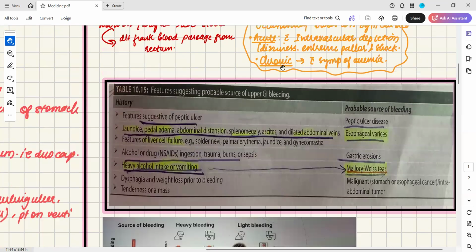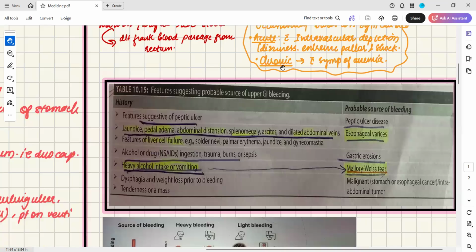If the patient presents with features suggestive of peptic ulcer, like epigastric pain that aggravates or relieves based on food intake, we can pin down the cause of upper GI bleeding as peptic ulcer disease.